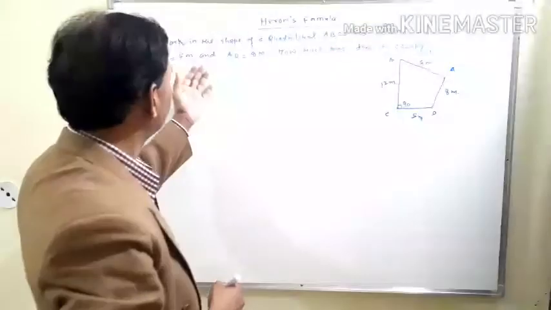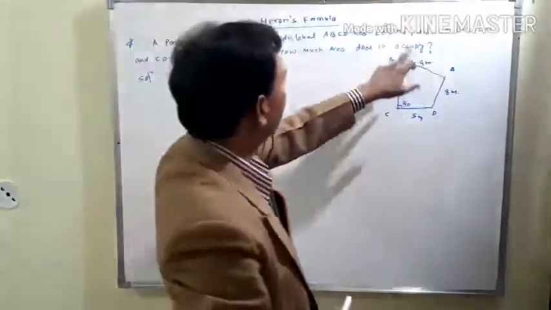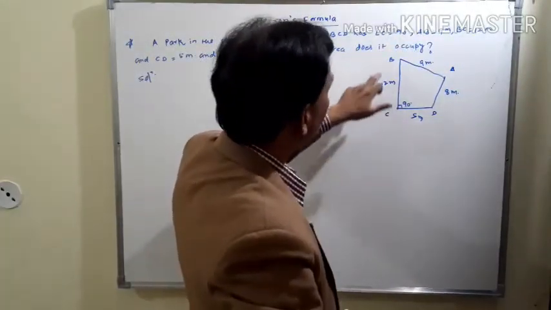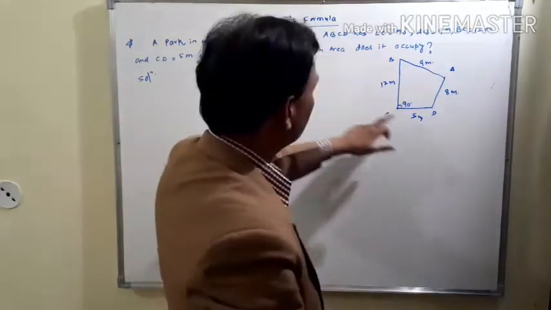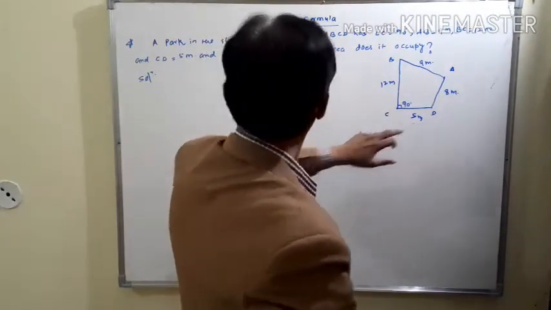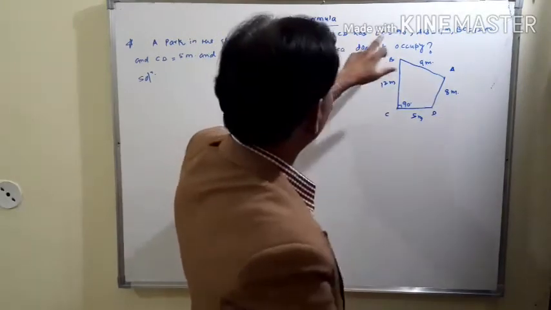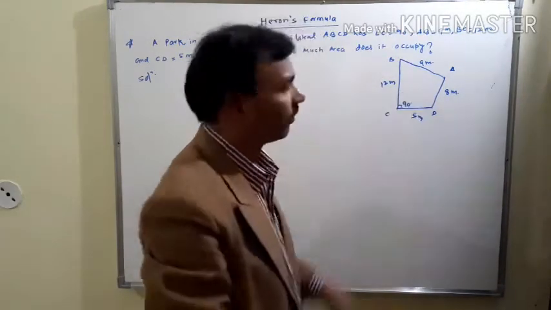Now all information I write here: AB equal to 9 meters, BC equal to 12 meters, CD equal to 5 meters and AD equal to 8 meters. Angle C equal to 90 degrees.